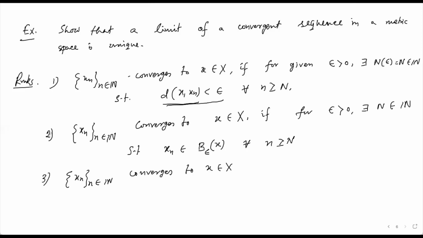In other words, we can say that this sequence converges to x if for given epsilon greater than 0, the sequence is eventually in the open ball.